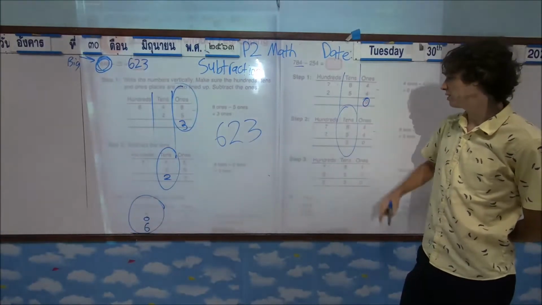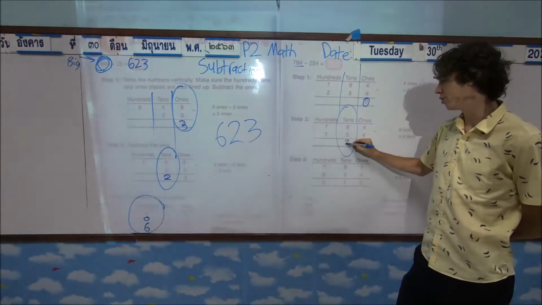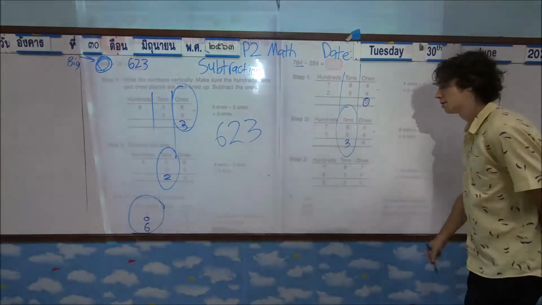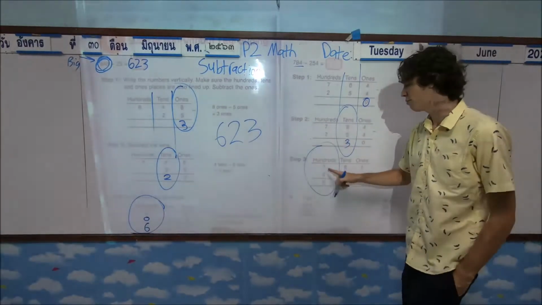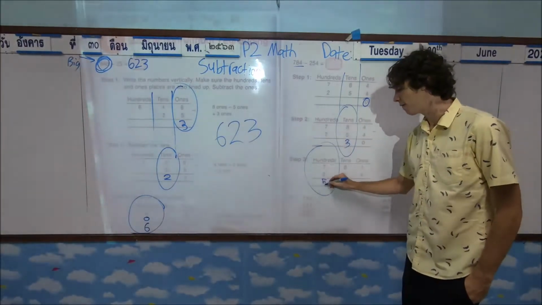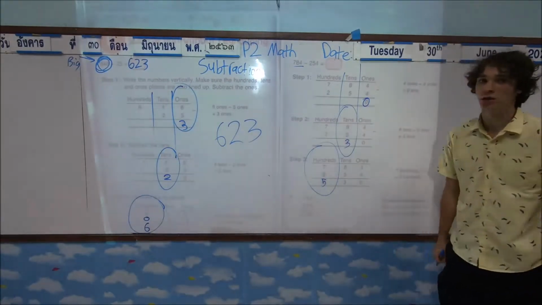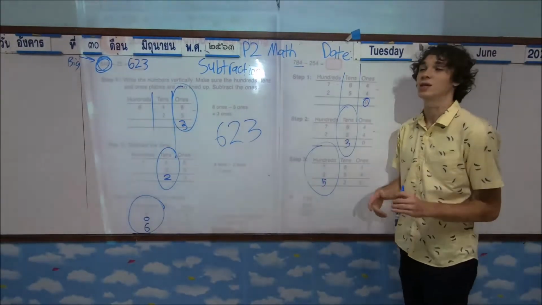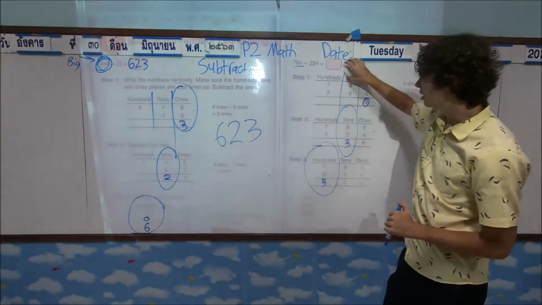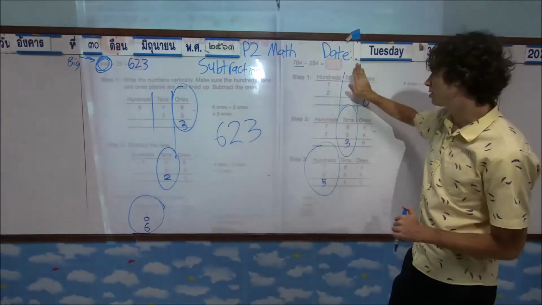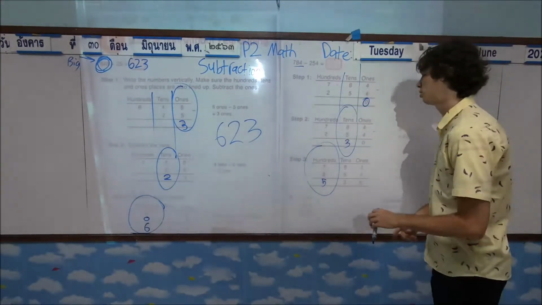Tens. 8 minus 5 is 3 tens. And 7 minus 2 is 5 hundreds, right? It's quick and easy. Make sure you go slow. Take your time.